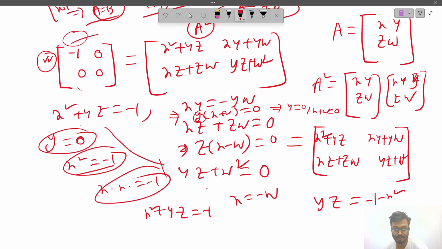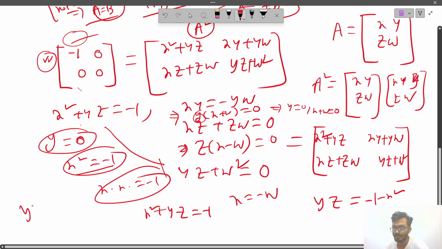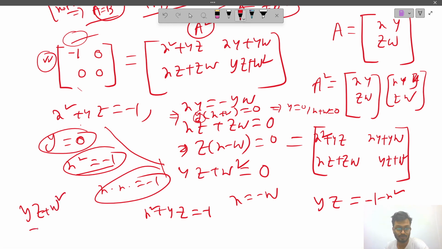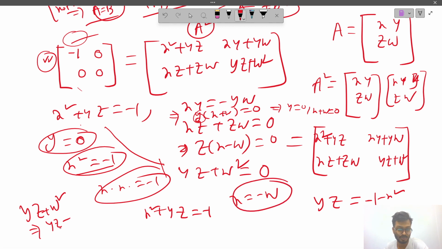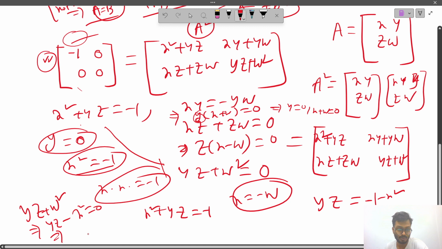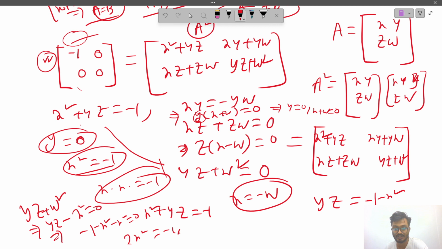Now if we put this into yz plus w square equals 0, with x equals minus w meaning w square equals x square, we get minus 1 minus x square plus x square equals 0, which fails, or in the other working 2x square equals minus 1, so x square equals minus half.